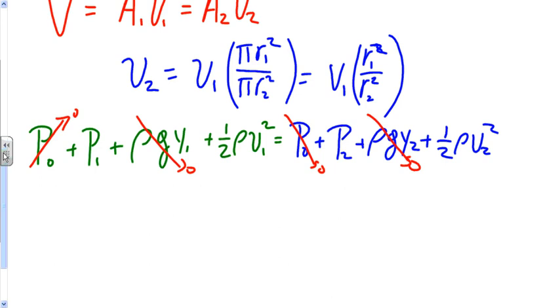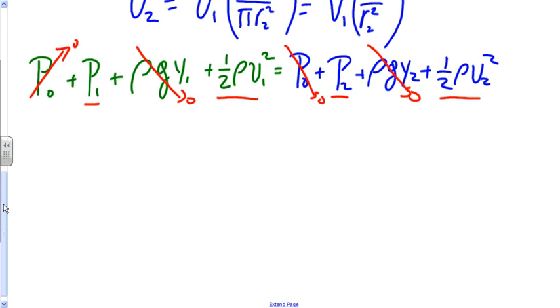And so what we're left with is the pressure in the first pipe, the kinetic term in the first pipe, the pressure in the second pipe, and the kinetic term in the second pipe. So what I want to do now is try to solve for V1 in terms of all those pieces.